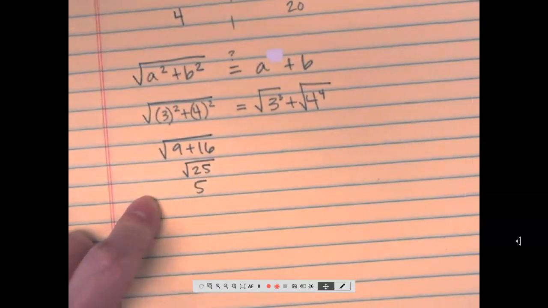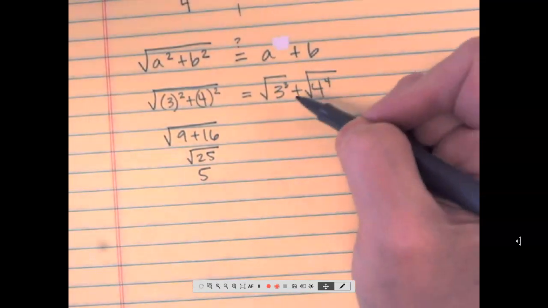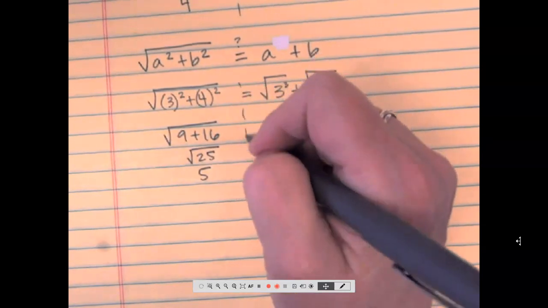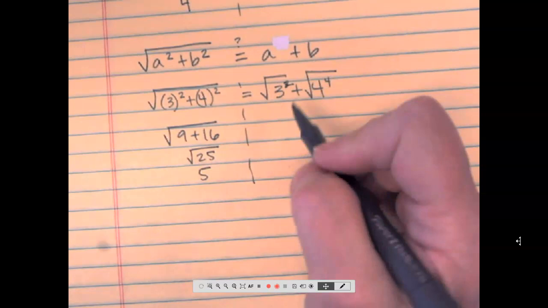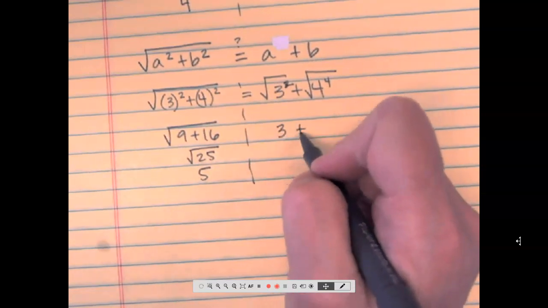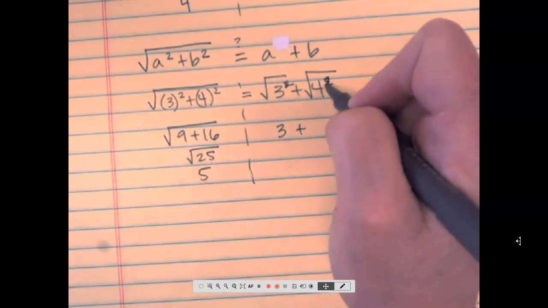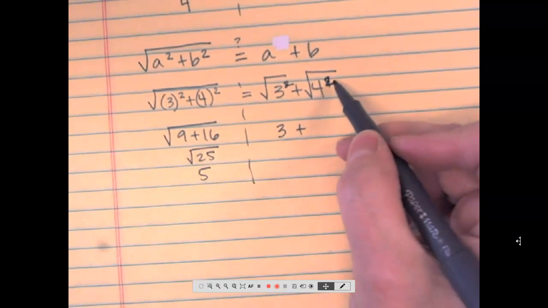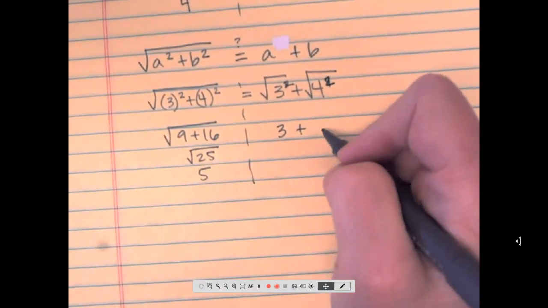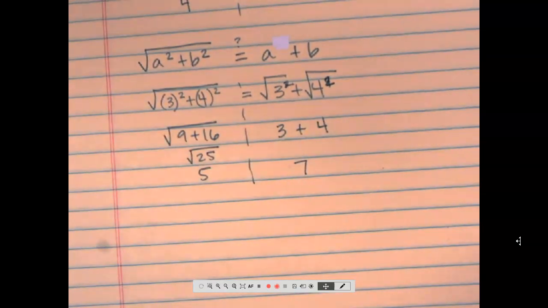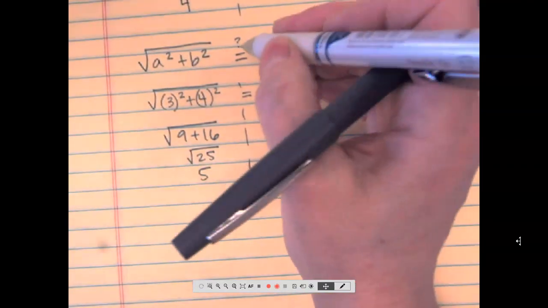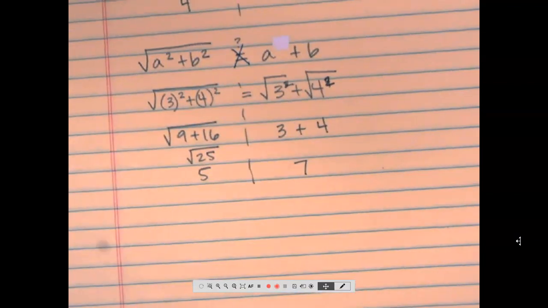And the square root of that is 5. But if I split them apart, then the square root of 3 squared is 3, and the square root of 4 squared is 4, and 3 plus 4 is 7. So clearly, they are not the same, are they?